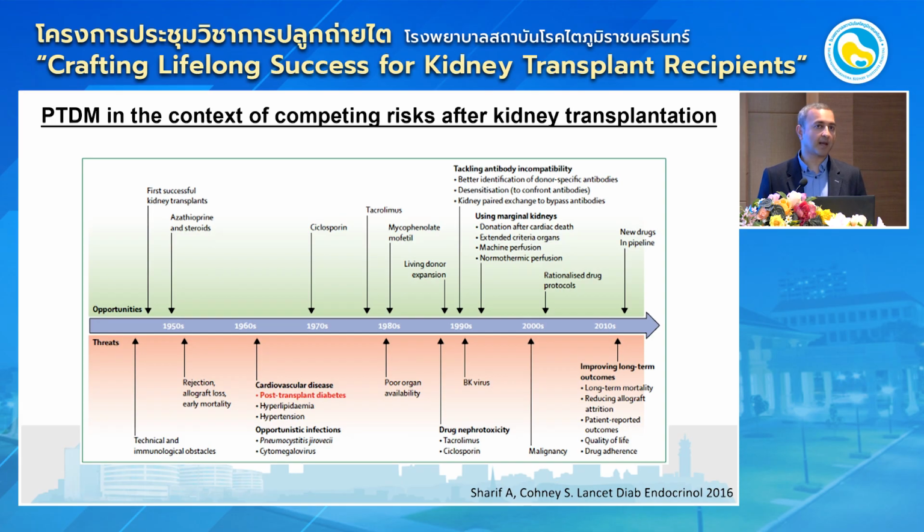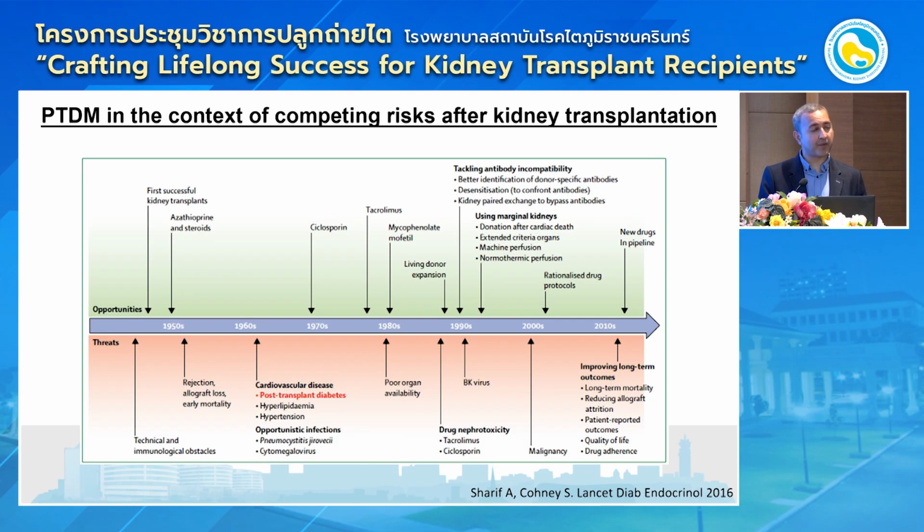So as far as the guidelines go, we don't recommend that you modify immune suppression to lower someone's risk for diabetes. What we say is that you should think about the immune suppression so you maximize someone's survival after transplantation, both their survival and the survival of that kidney allograft.